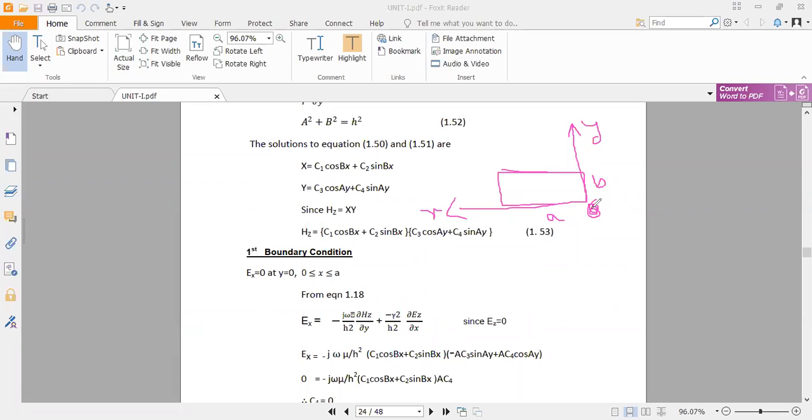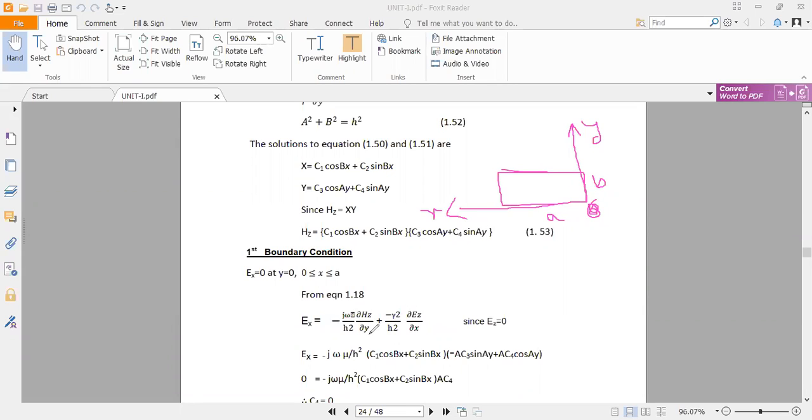For the tangential component there is no boundary condition for the magnetic field. Here only the difference comes. What you have to take is the Ex, Ey expressions straight away. We have got the Ex expression and the Ey expression, so from this you should apply.